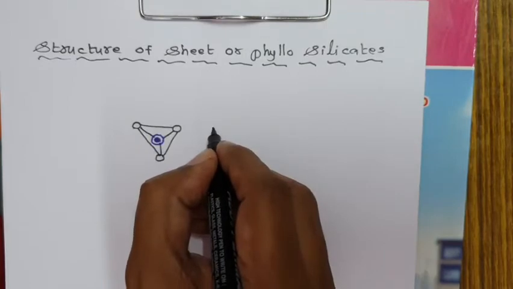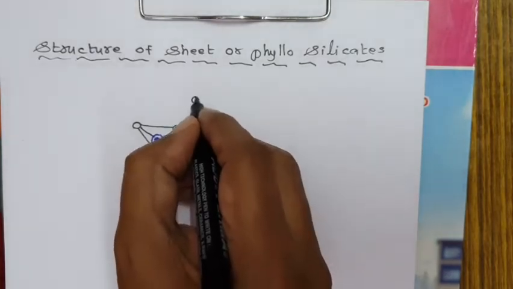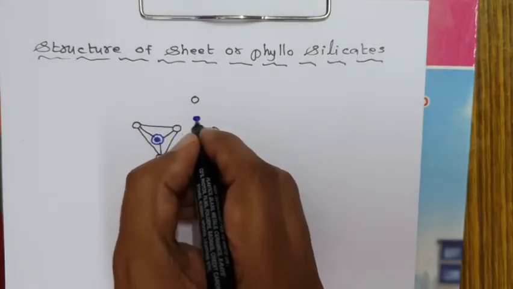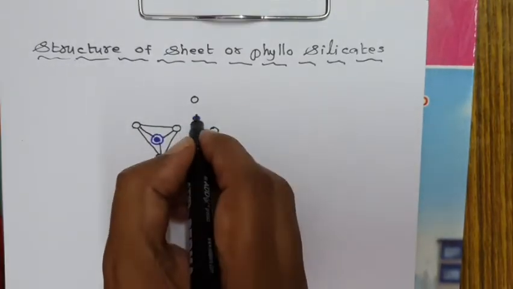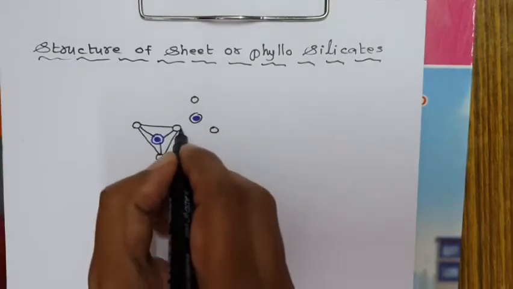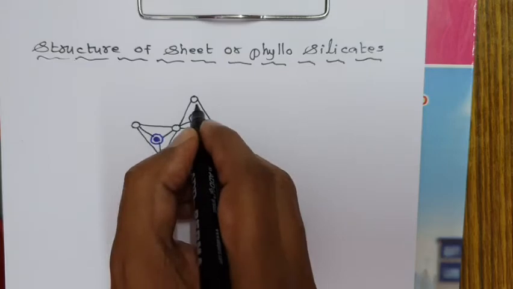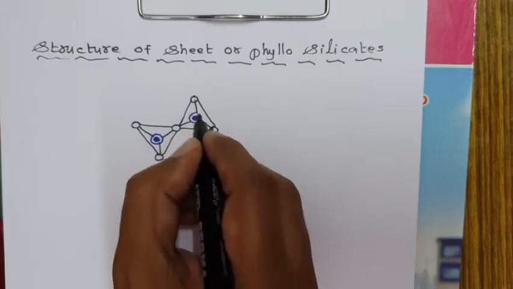Another tetrahedral structure: at the center we have one silicon atom surrounded by oxygen atoms, and all 4 oxygen atoms are joined with the center silicon.